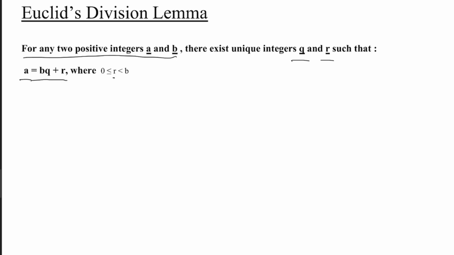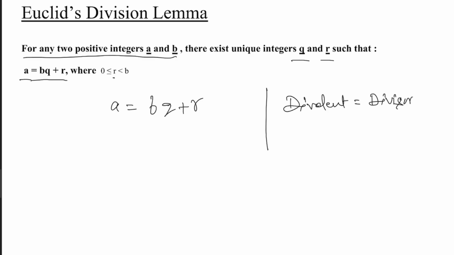Try to understand this. Actually, a is equal to bq plus r. This is just like what we do in the long division method: dividend is equal to divisor into quotient plus remainder.